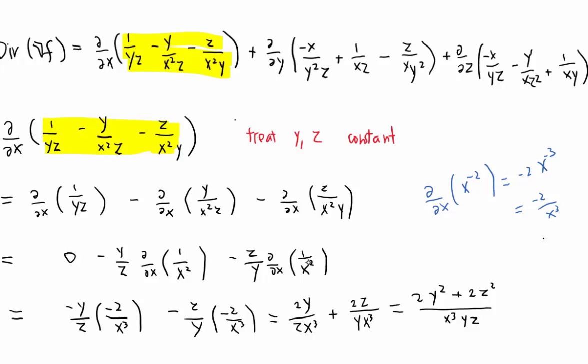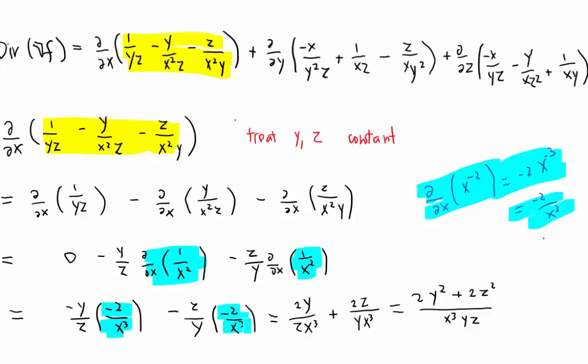To differentiate 1 over x squared, which is x to the power minus 2, using the power rule you get minus 2 over x cubed. That is how the second term is minus 2 over x cubed, and the third term as well is minus 2 over x cubed.